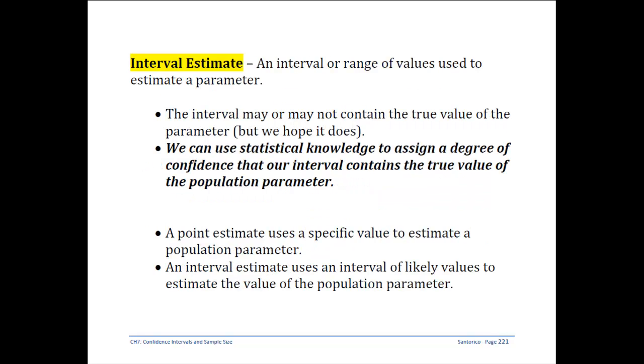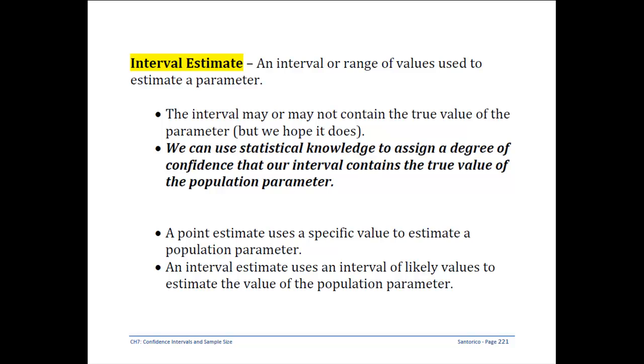An interval estimate, in contrast to a point estimate, gives you a range of values that could be used to estimate a parameter. It says that any of the values in this particular interval might be your parameter. So it may or may not have your parameter in it.